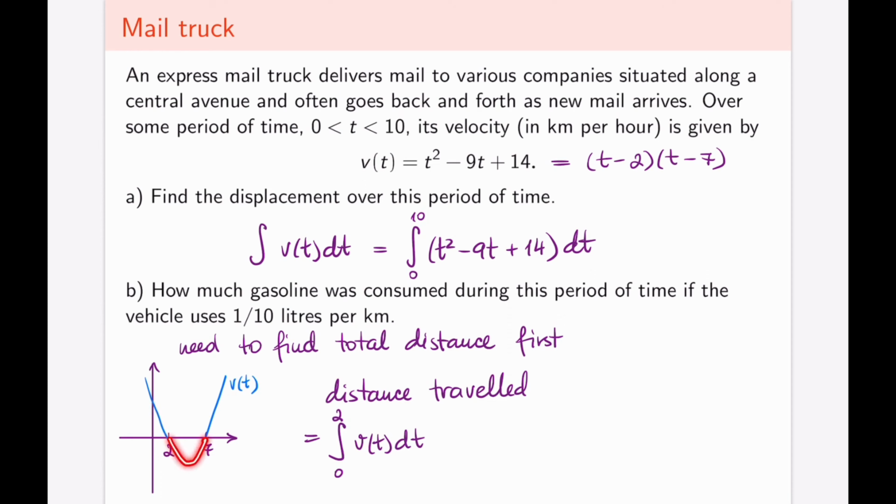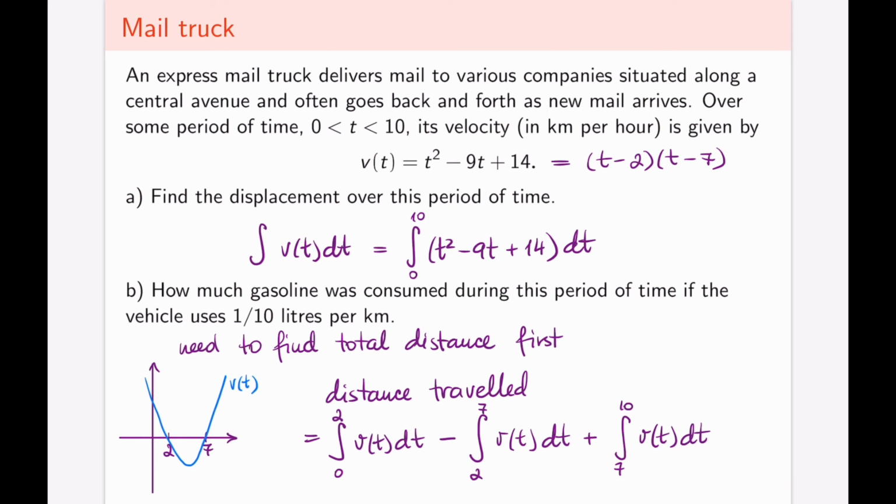Now, a priori, I know that this integral is going to be negative, but I would like to count the distance positively, so that means that I have to negate the known negative integral in order to produce a positive result. And then between 7 and 10, as seen from the graph, I know that the velocity is going to be positive again, so it will count positively once again.